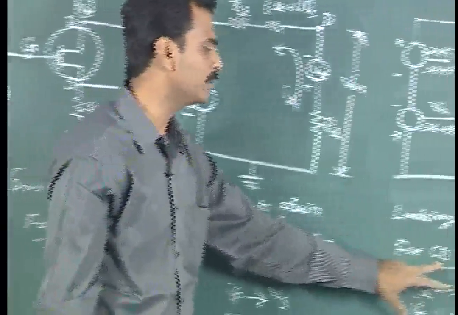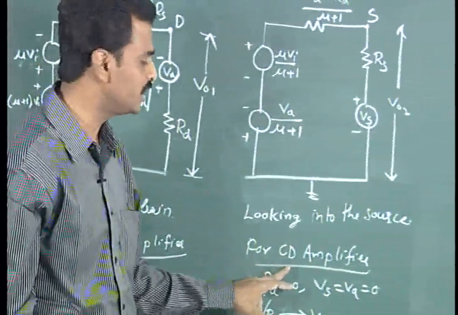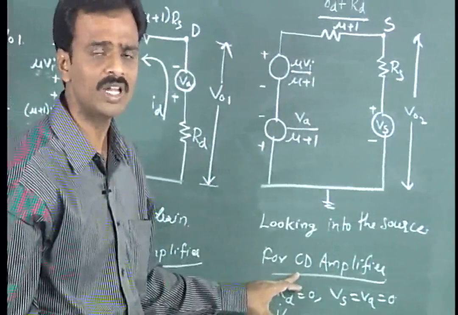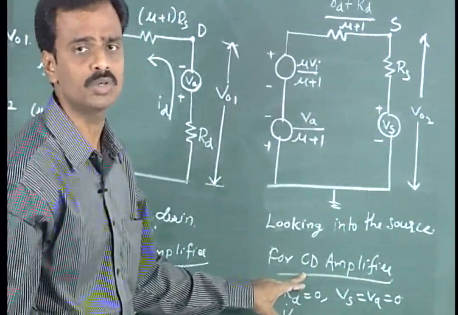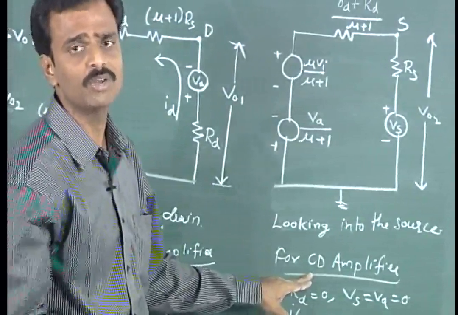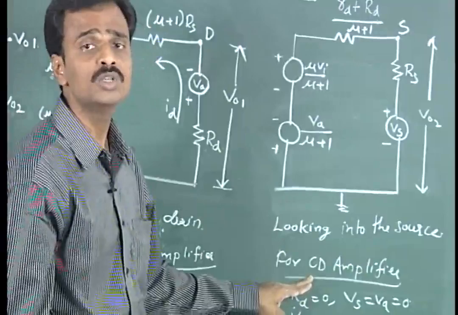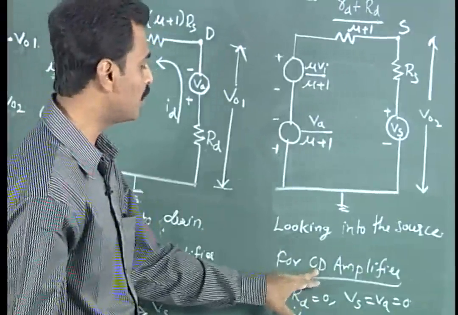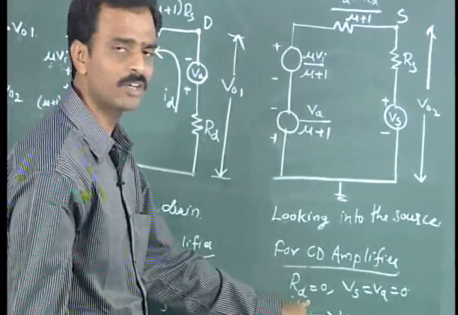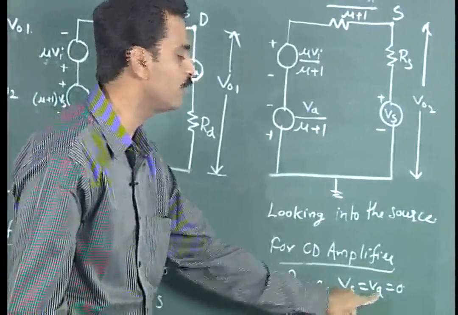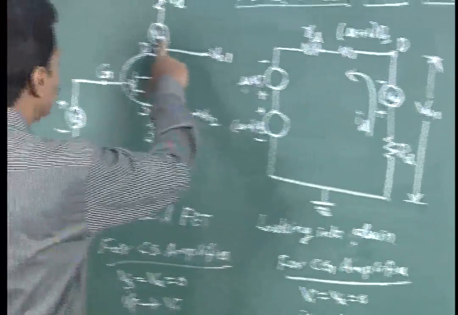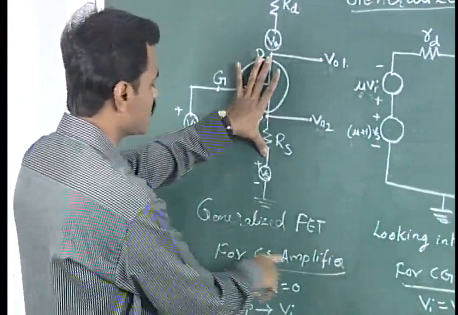One more type is the common drain amplifier. As I have said, it is also called a source follower, as the source follows the input. Whatever changes occur in the input, the source follows the same, so it is called a source follower. For the common drain, RD will be equal to 0 and the same Vs and Va will be equal to 0, as we have seen in the case of common source.